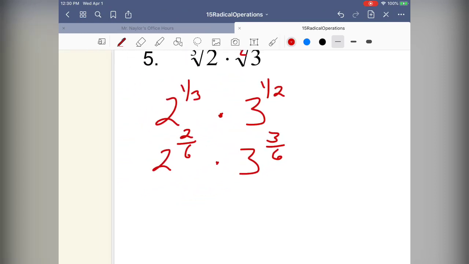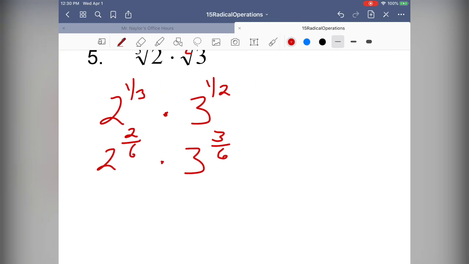Now, when I change them to have the same denominator, it turns out that what I've really done is change them to have the same index, the same root. Let me show you, because we're able to write 2 to the 2/6 power as the 6th root of 2 squared. We can switch it back to radical form. Can we do the same thing here? Sure. We can write this as 3 to the 3rd power with a 6th root.